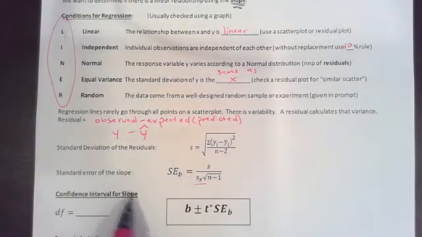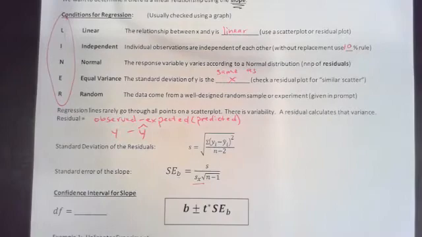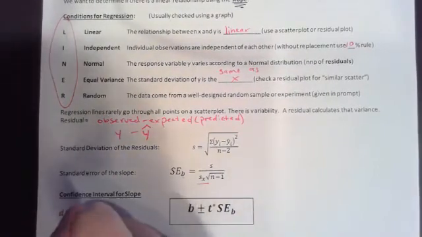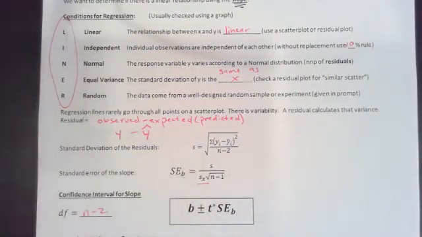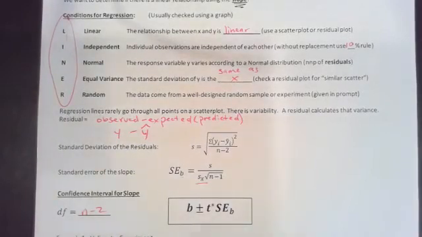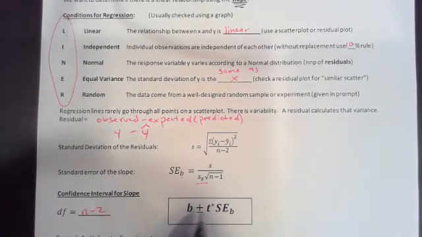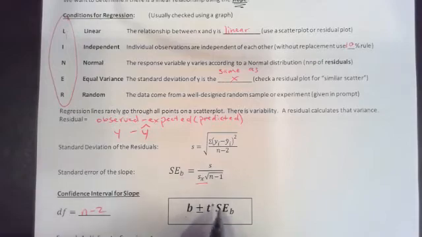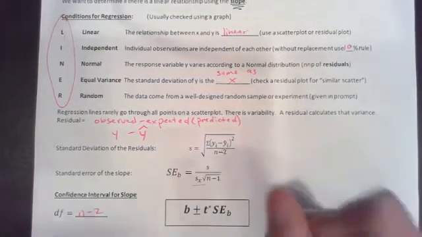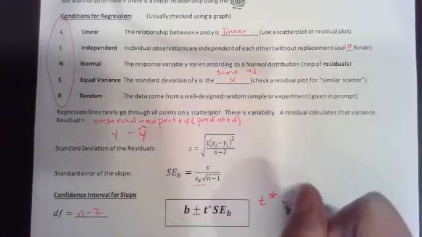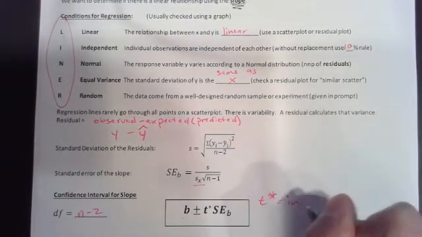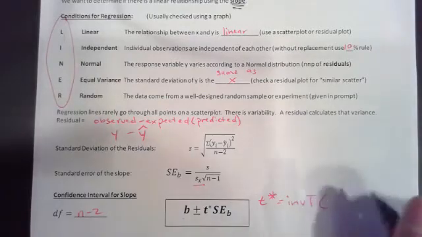So to calculate a confidence interval for a slope, our degrees of freedom are n minus 2. So we take our slope and we add or subtract our t star, our critical t value, times the standard error of the slope. And remember, to do this, you would just use inverse t.